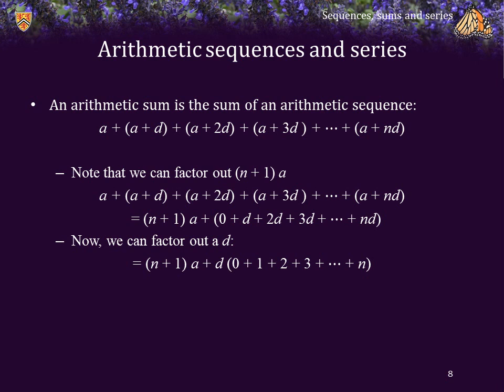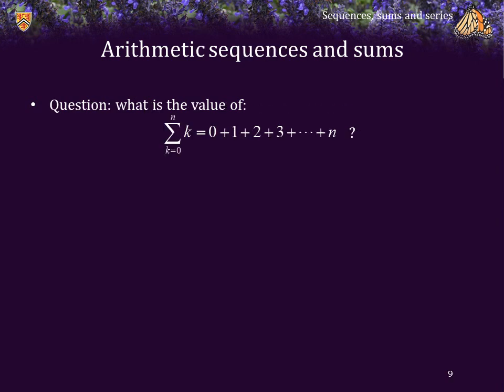And as you may recall from a previous slide, we can write that sum 0 plus 1 plus 2 plus 3 all the way up to n as the sum of k going from 0 to n. So question, what is the value of this arithmetic sum, summing k going from 0 to n?